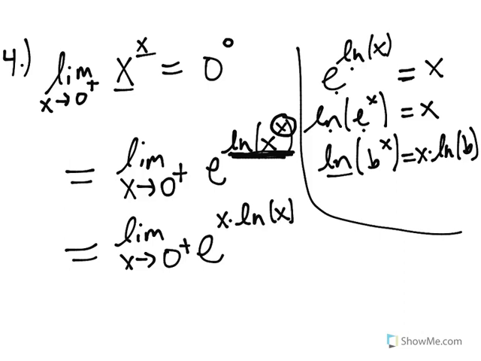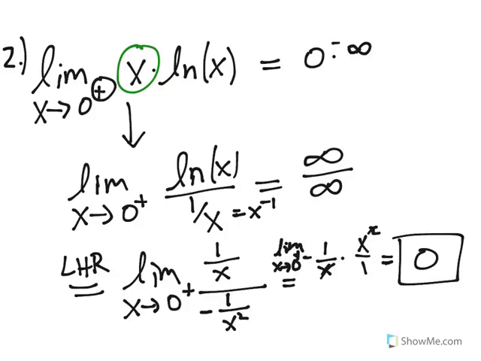Okay, now this is a good example for you to refer back to whenever you see this case, because look at what we have up in the exponent: x times the natural log of x. That should look familiar to you. That was actually what we just had. Where was it? In our second example, the limit as x goes to 0 of x times the natural log of x. And do you remember what we got? We got 0.